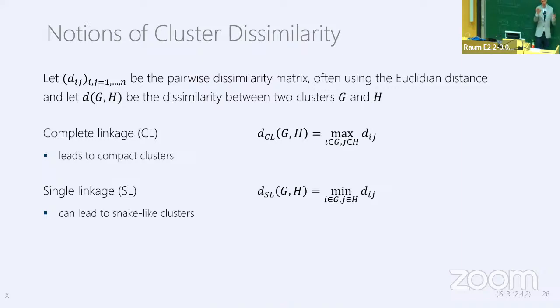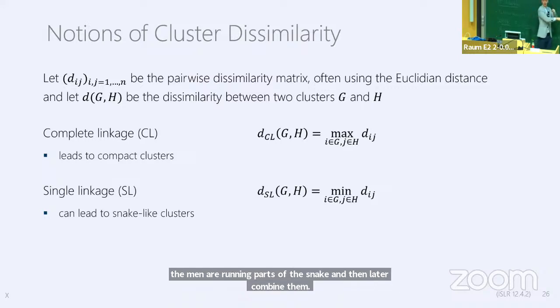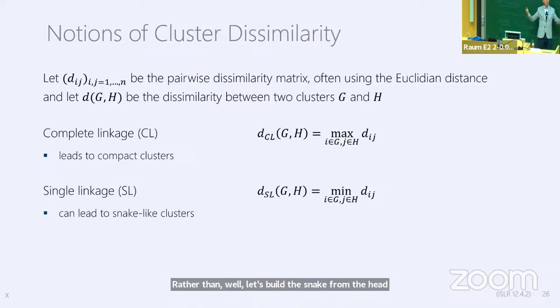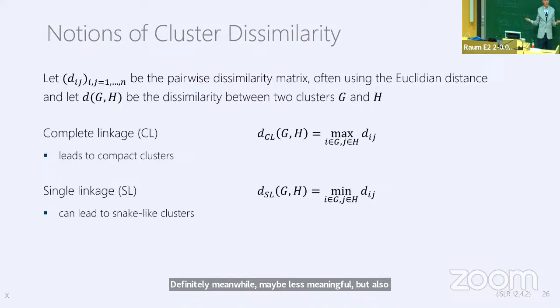We would sort of force our algorithm to find convex roundish clusters, and would start to find random blobs, parts of the banana, random bites of the banana, random parts of the snake, and then later combine them, rather than building the snake from the head. So the results are definitely less meaningful, and the final result may also be completely arbitrary.